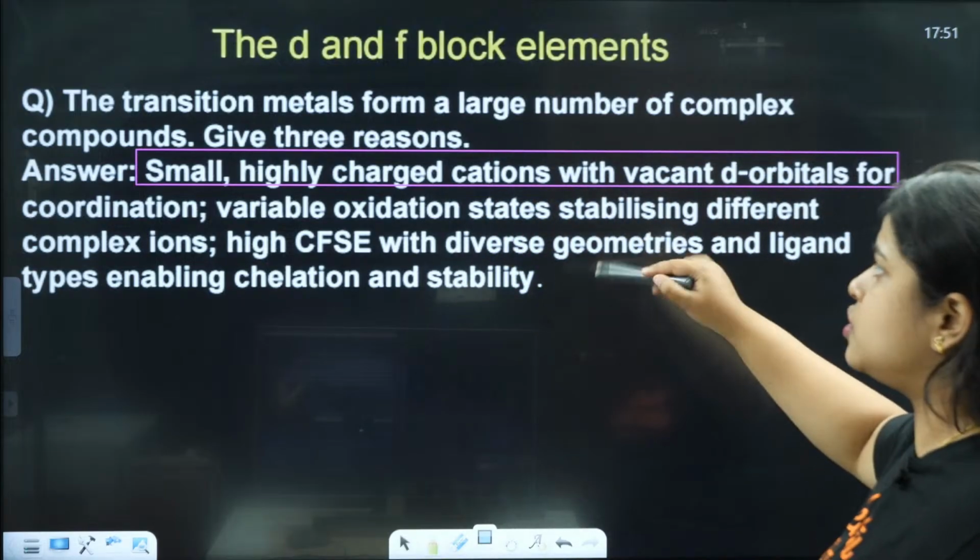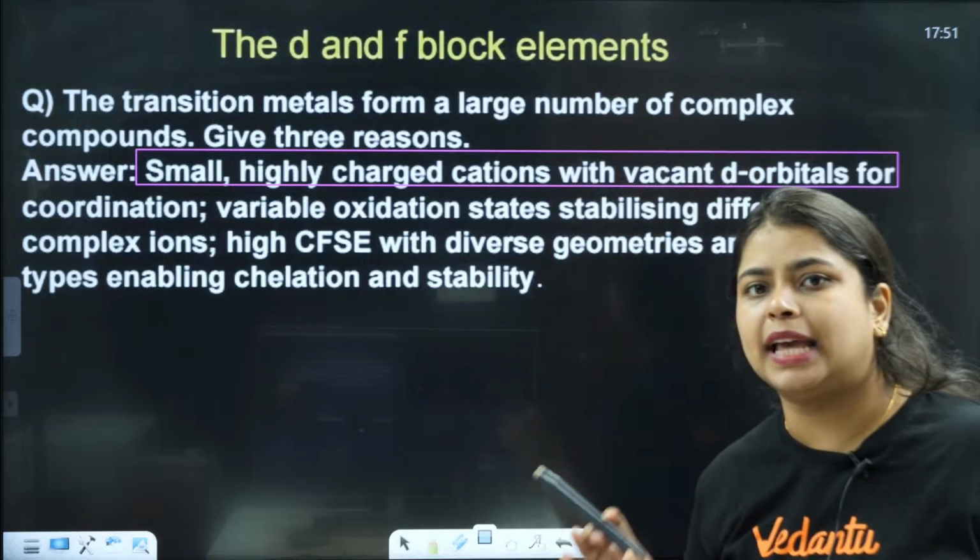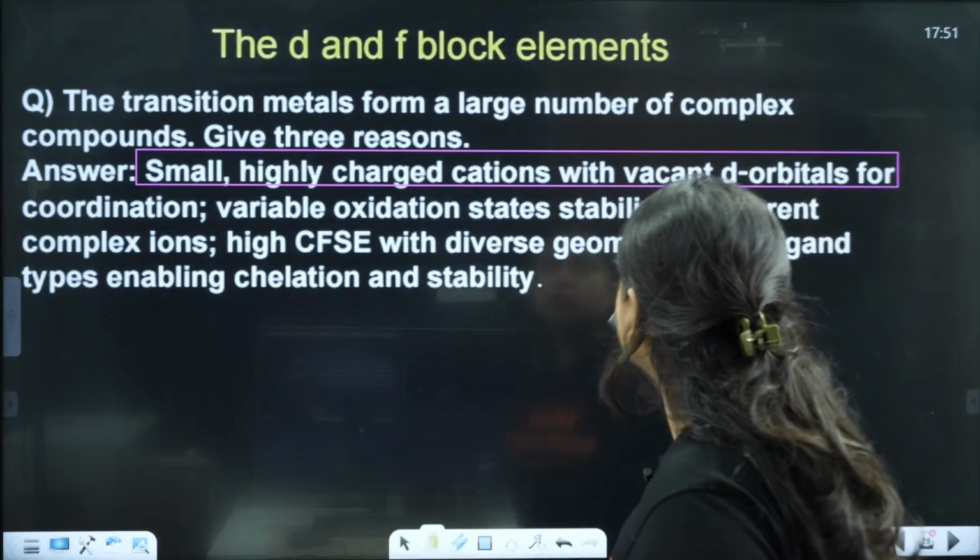These are the 3 reasons why transition metals form complexes. This is also a give-reason type question. Such questions will also be asked.